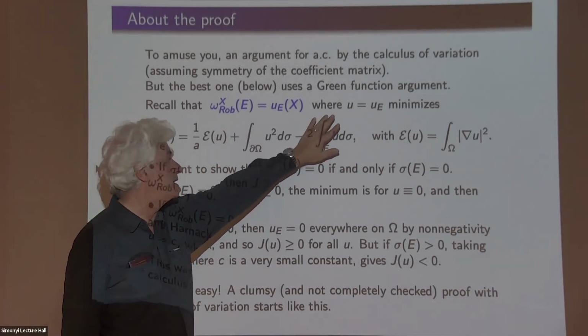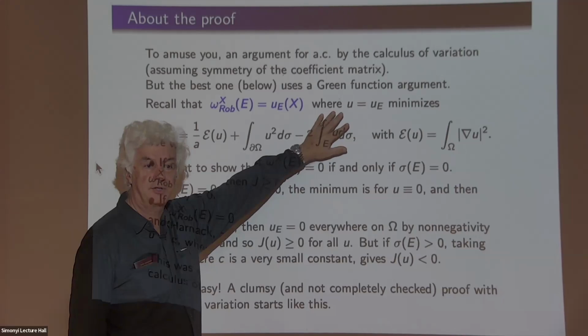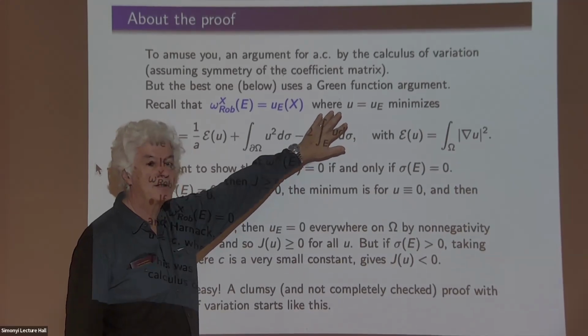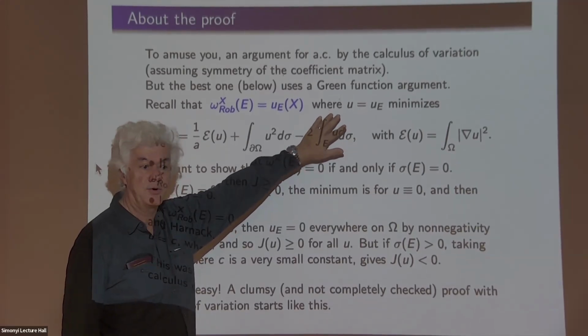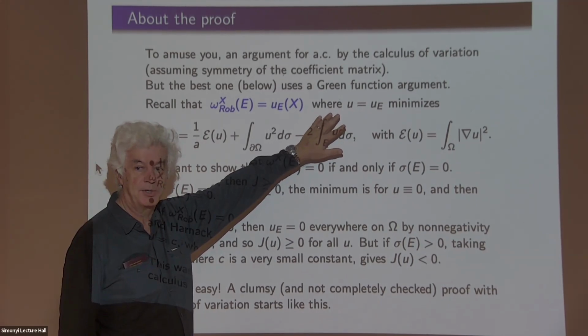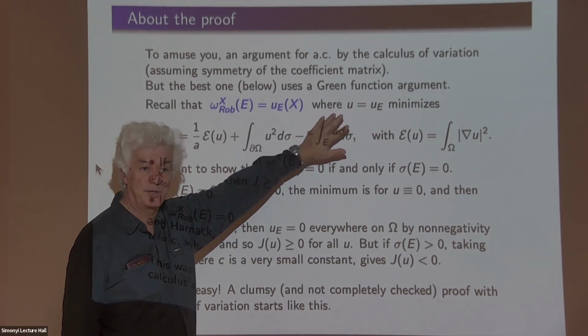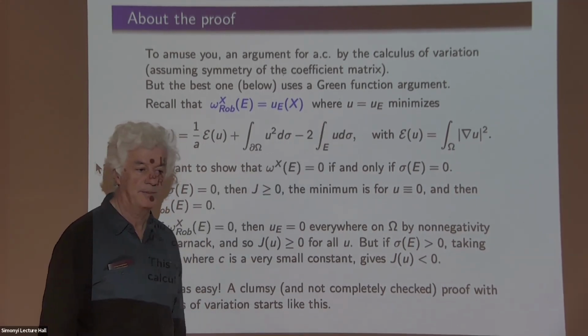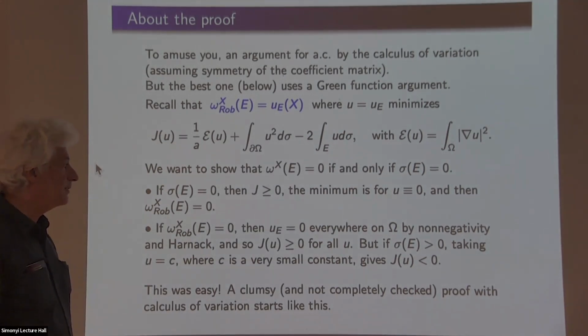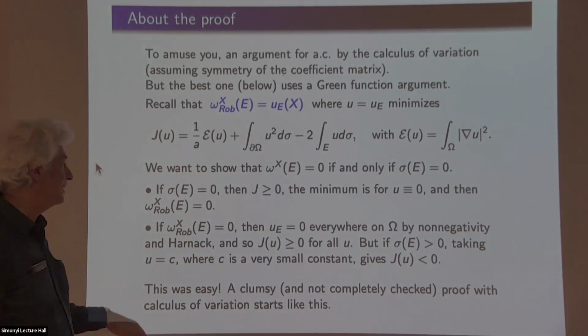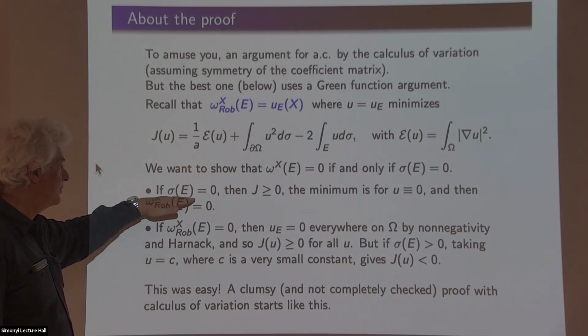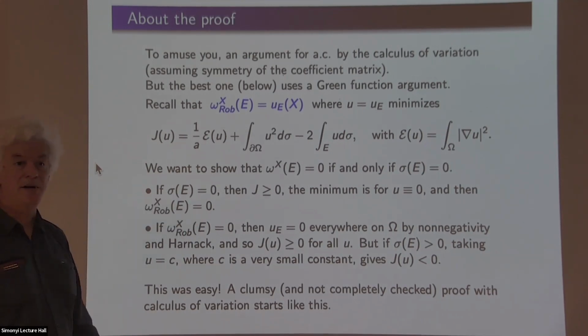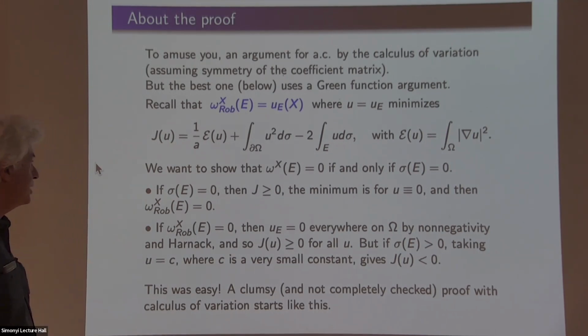If this term does not exist, I have a non-negative functional, and I know how to minimize a non-negative functional when I can try 0. So the best solution is u equal to 0, which gives functional equals 0 and everything is equal to 0. And it's easy to see that it's the best one that you can take. So I'm saying if surface measure is 0, then harmonic measure has to be 0. The other direction is not much harder.